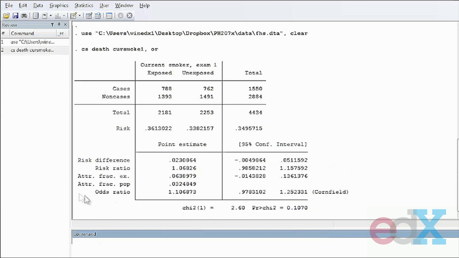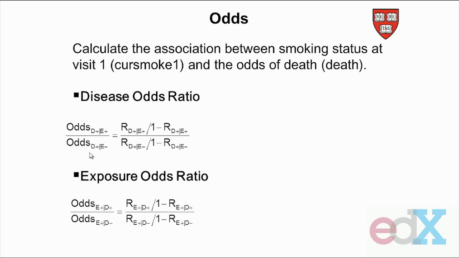And we had asked STATA to also provide an odds ratio, and here we get an estimate of 1.11. The disease odds ratio is the odds of death among the smokers divided by the odds of death among the non-smokers. And as you will remember, an odds is simply the risk divided by 1 minus the risk. So it's the risk of death among the smokers divided by 1 minus the risk of death among smokers, divided by the odds of death among the non-smokers.